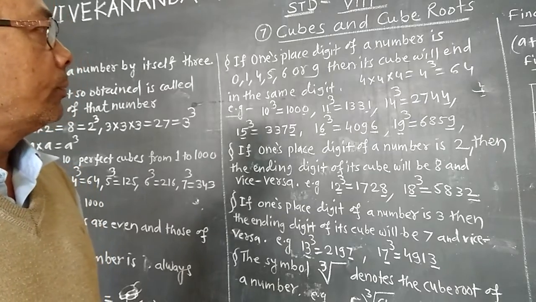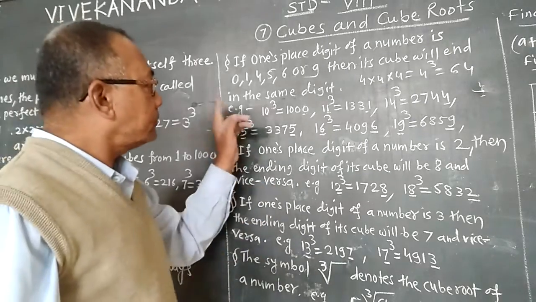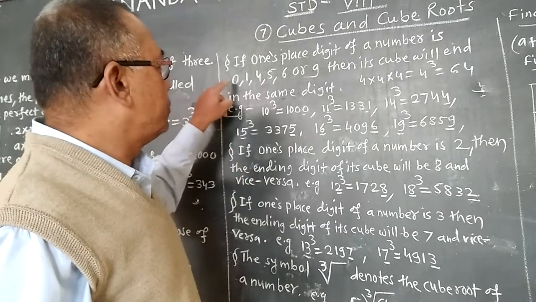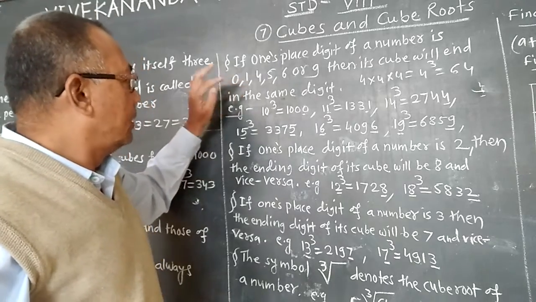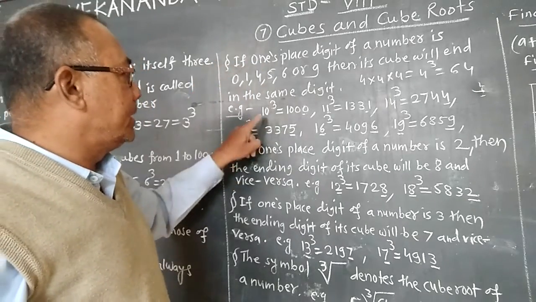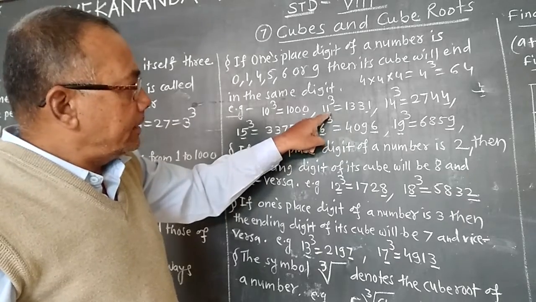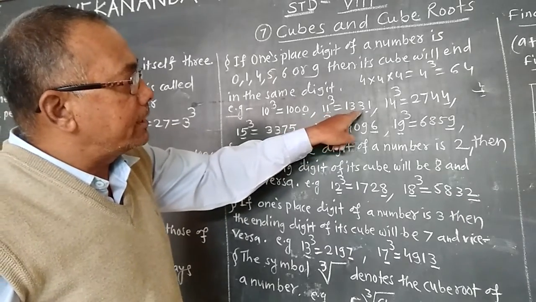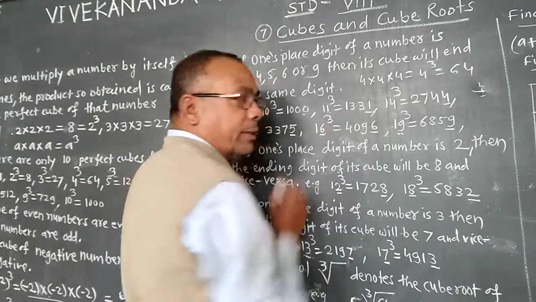For example, if we consider 1, means 11, then its cube is 1331, and its unit place is again 1.